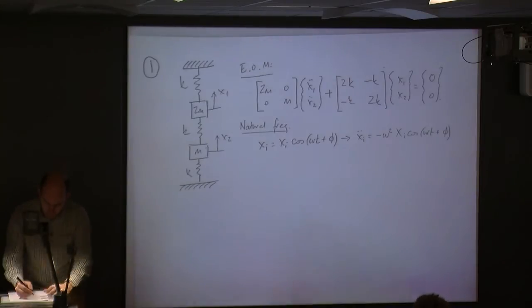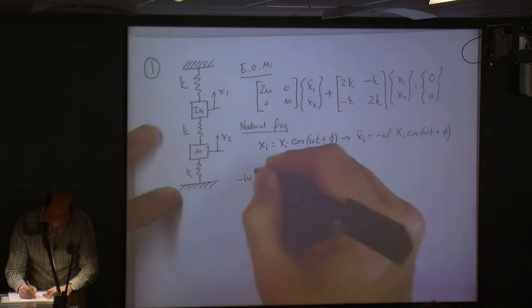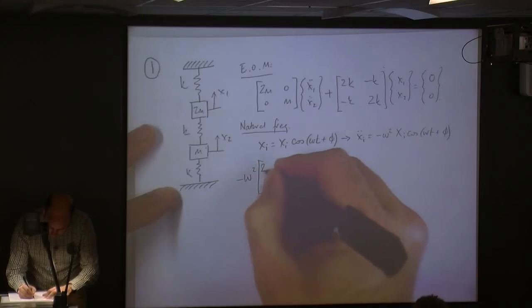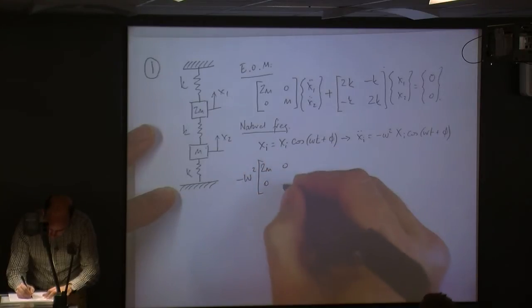And so if we plug that in, we end up with minus omega squared, 2m 0 0 m.